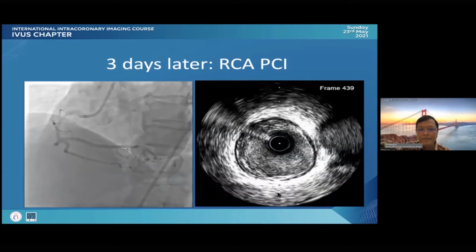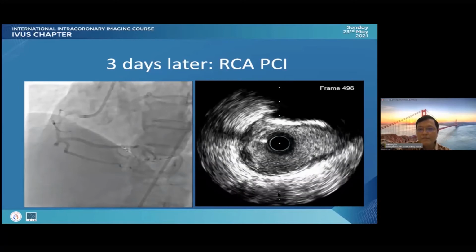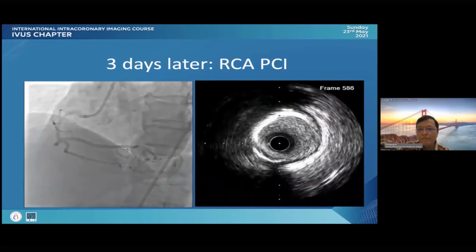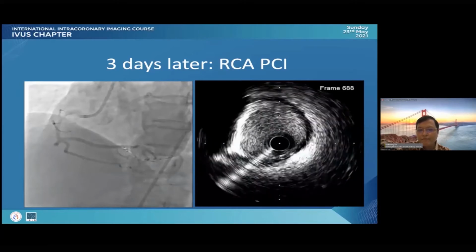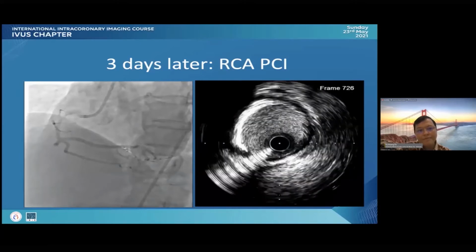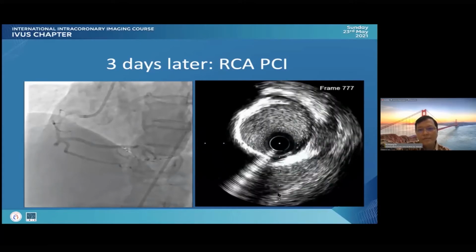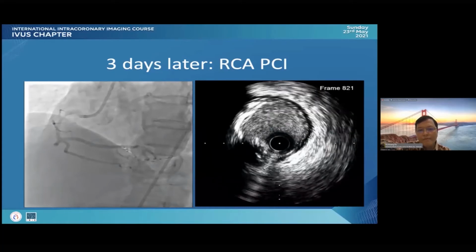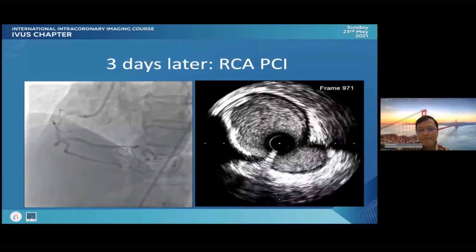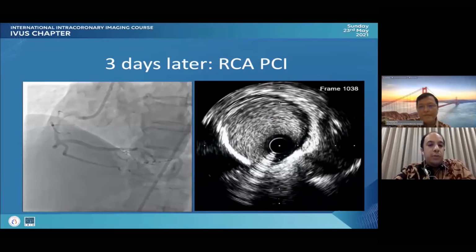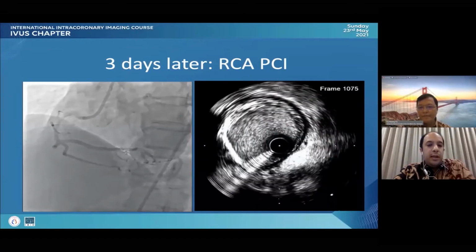Thank you. Before we went to IVUS, seeing this RCA with a filling defect in the proximal part, with no acute coronary syndrome involving the RCA, we were quite sure it was probably not thrombus but more like calcium.